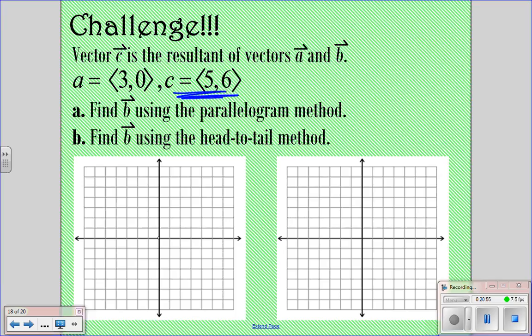So I'm going to go ahead and do my A. We go over 3. And so this is vector A. And then I know that the diagonal ends at 5, 6.